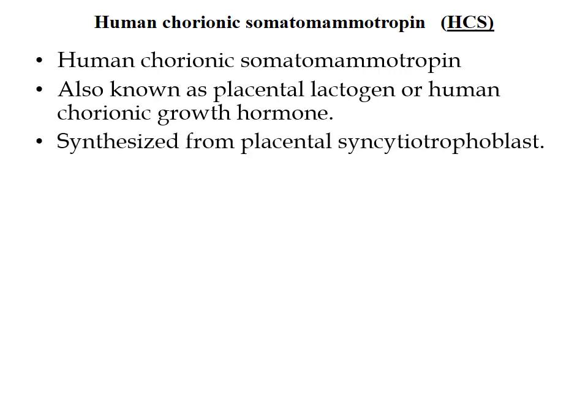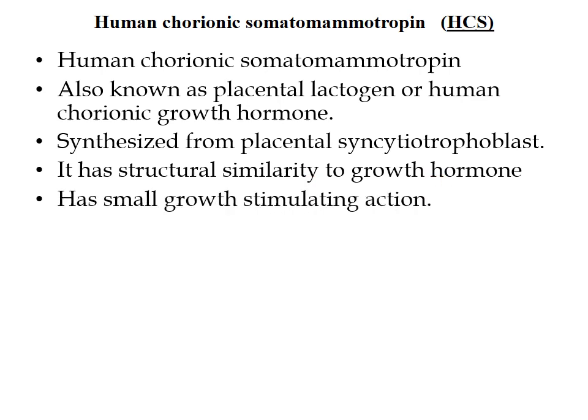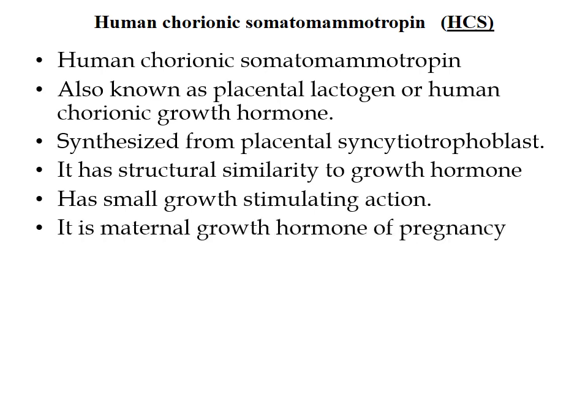This is synthesized by the placental syncytiotrophoblast cells. It has structural similarity to the growth hormone. That is why it is called human chorionic growth hormone, because it has a structural similarity with the growth hormone. It has growth stimulating action.